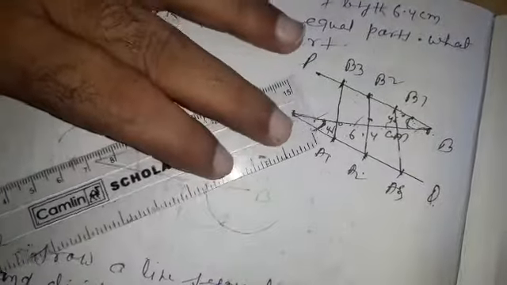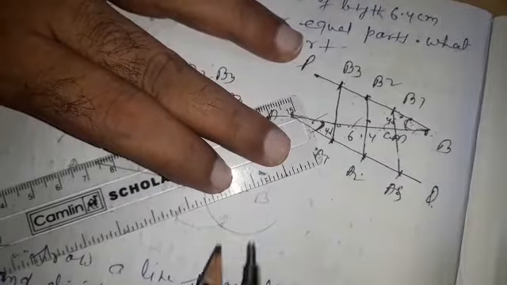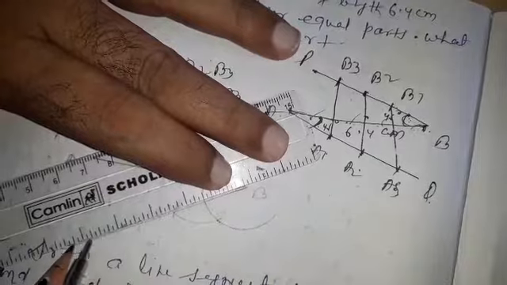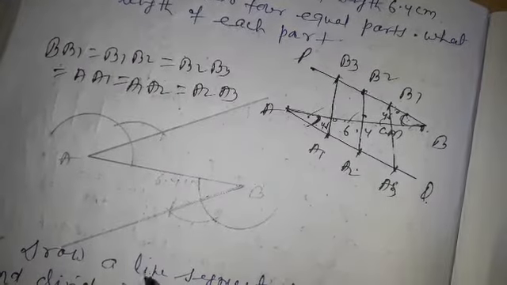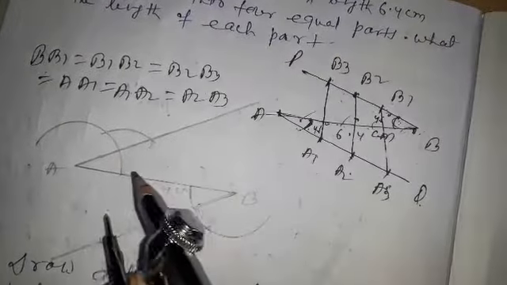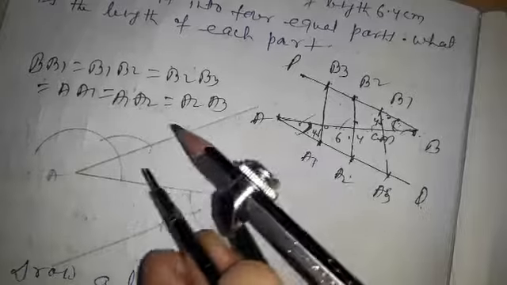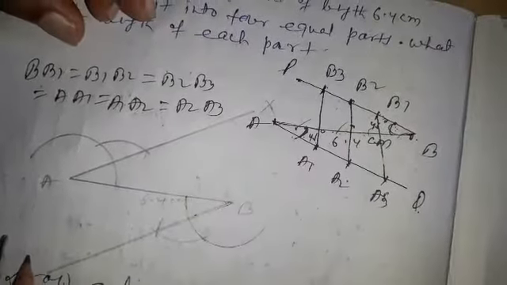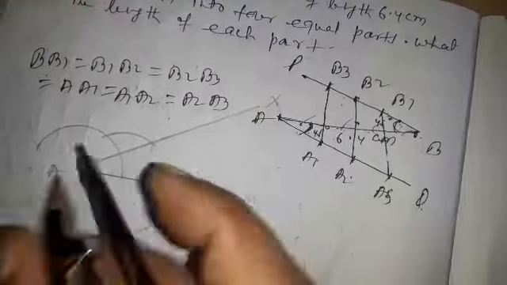By using compass and protractor, we can make these angles also with the help of protractor. Now, for dividing it into 4 equal parts, we take 3 points along AX and BY of equal distances.